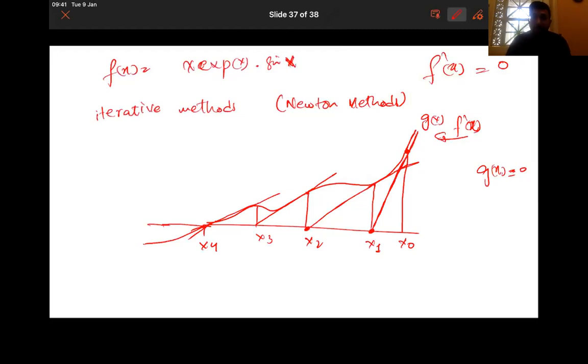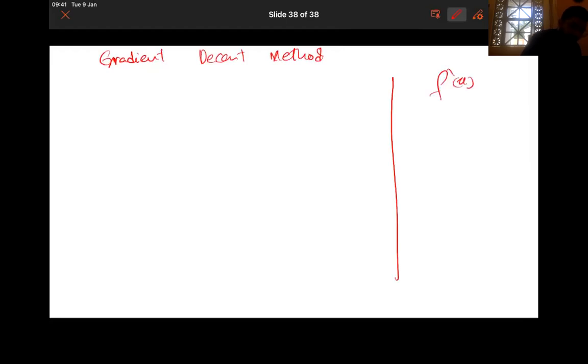There is a better technique to find a global minima, which is called gradient descent methods. So let me tell you what gradient descent method is. So I'll put here, one technique is this, that you set f of x equal to 0 and then solve this system of equations.